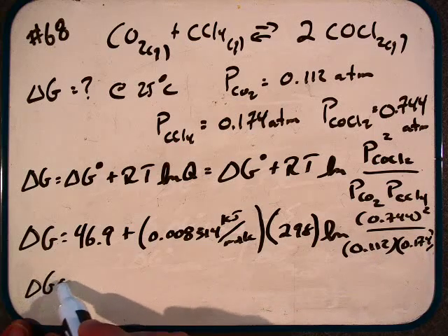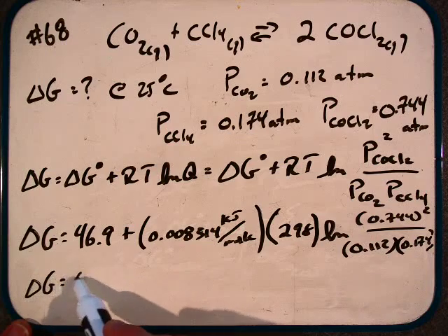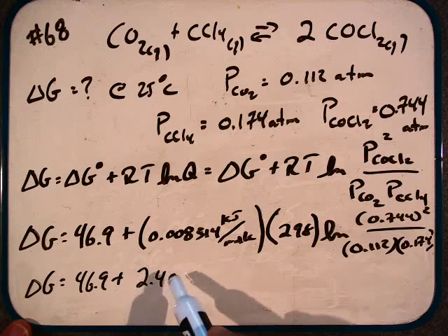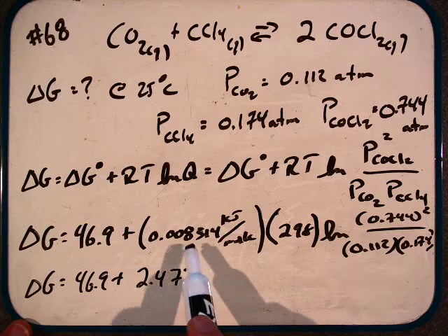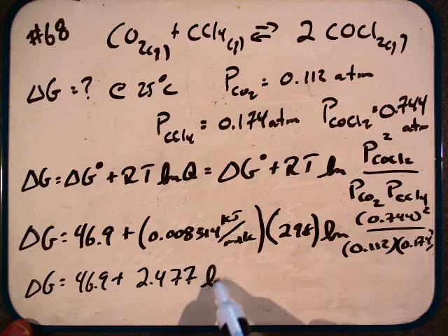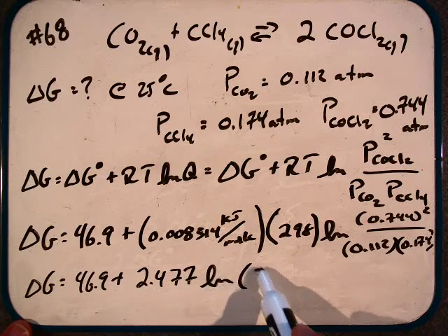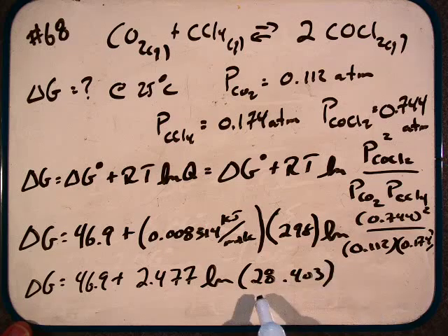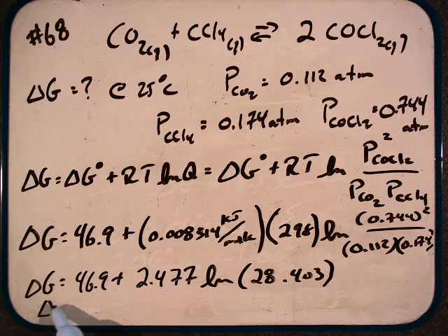When we solve these, we would have our 46.9 plus 2.477. That's the product of R and 298 times the natural log of 28.403. That 28.403 is that ratio of pressures for our Q.